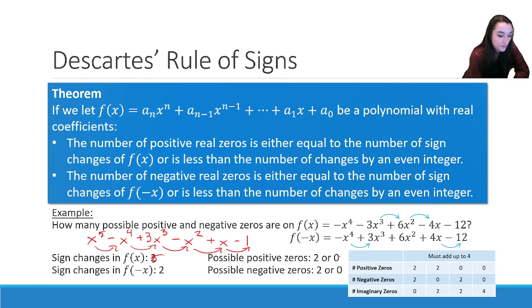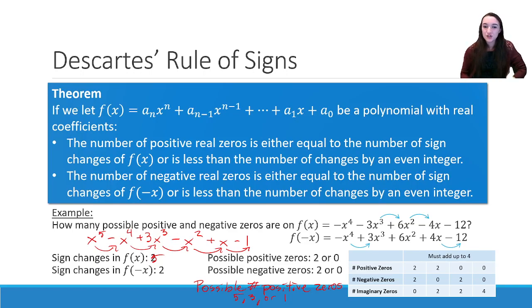So the possible number of positive zeros is 5 or 3 or 1. So when I say we count down, we count down by 2s.